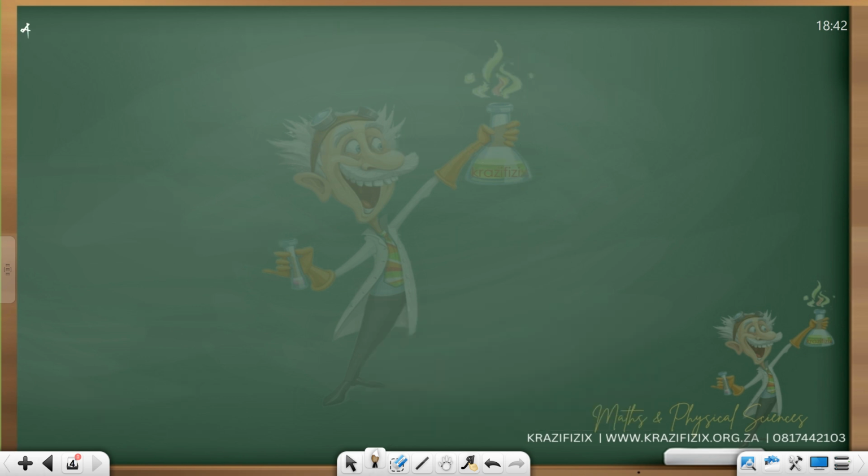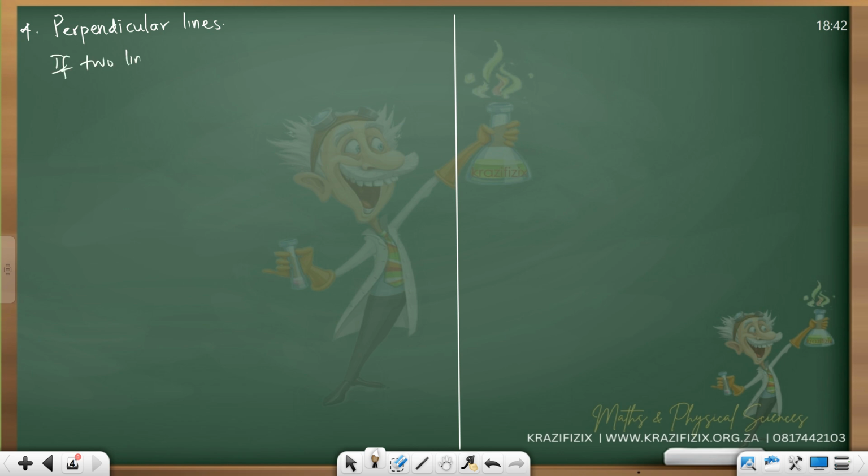All right, number 4. What is our fourth concept on gradient? The concept will be perpendicular lines. Perpendicular means that they have an angle of 90. If two lines are perpendicular, the product of their gradients is -1.